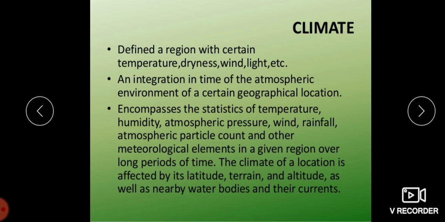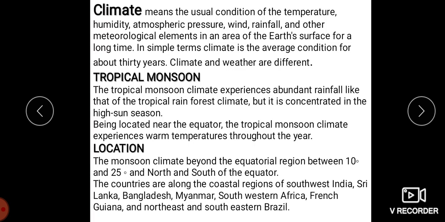So, now we will move on to what we mean by the definition of climate. Climate, children, is derived from the Greek word klima, meaning inclination. It is commonly defined as the weather averaged over a long period.